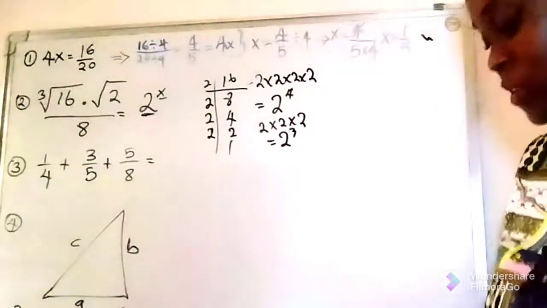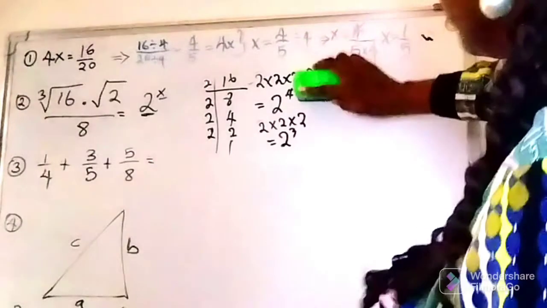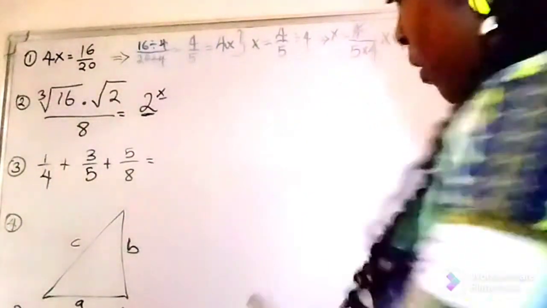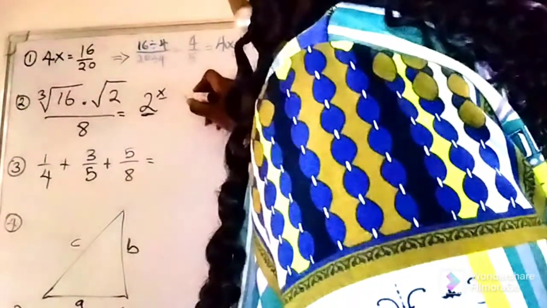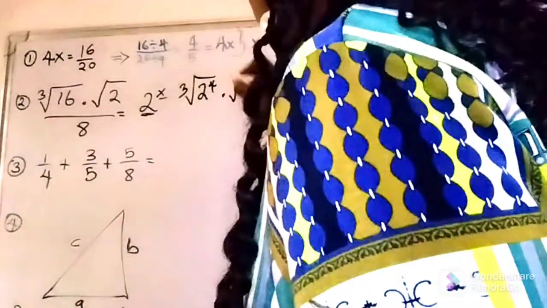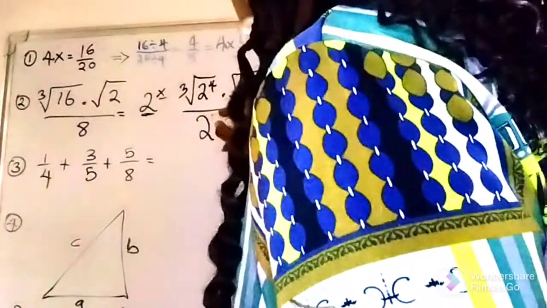So we're going to fit in these values into the function. Okay? So just follow me as I solve this. The cube root of 2 raised to power 4 times the square root of 2 all over 2 raised to power 3.